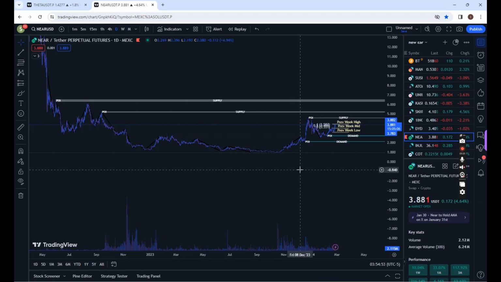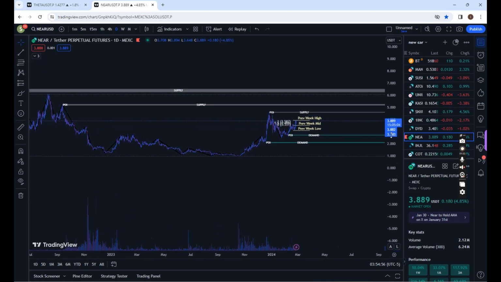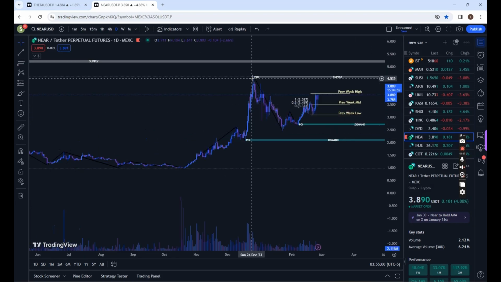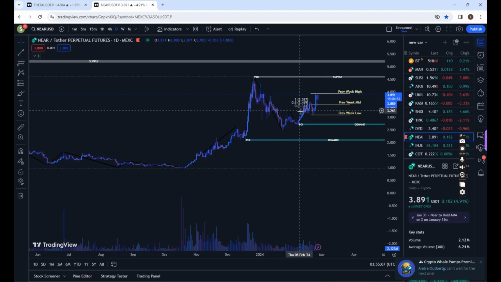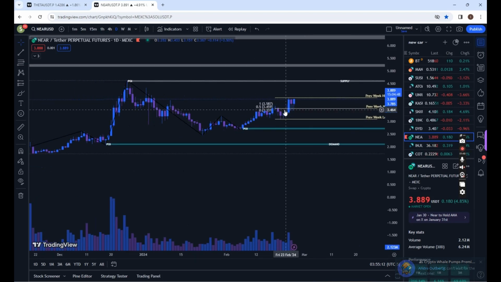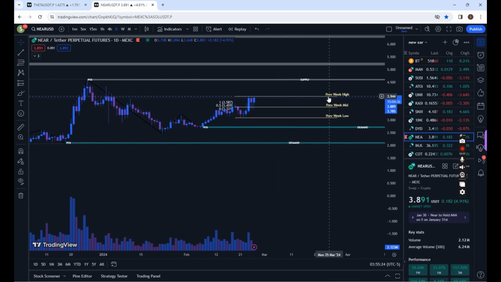So I've been looking at the coin, and what I've done is I took a short on NIA. I took a short on NIA around here on the 19th of Feb, which, as you can see, this is the previous week's high, previous week's low.